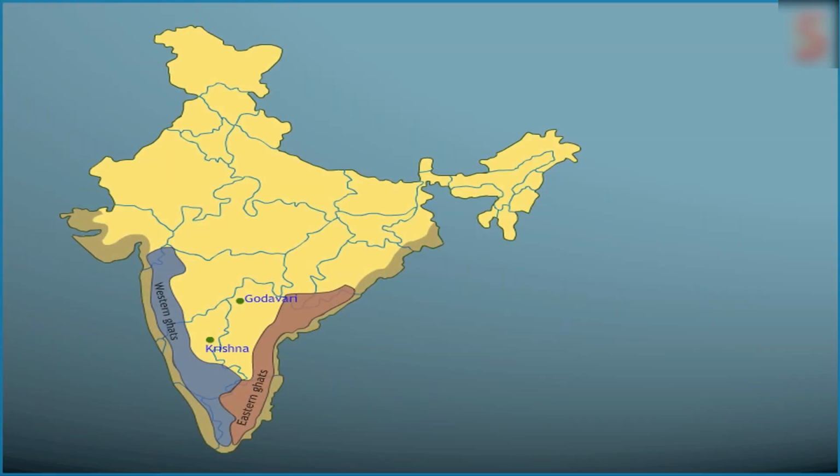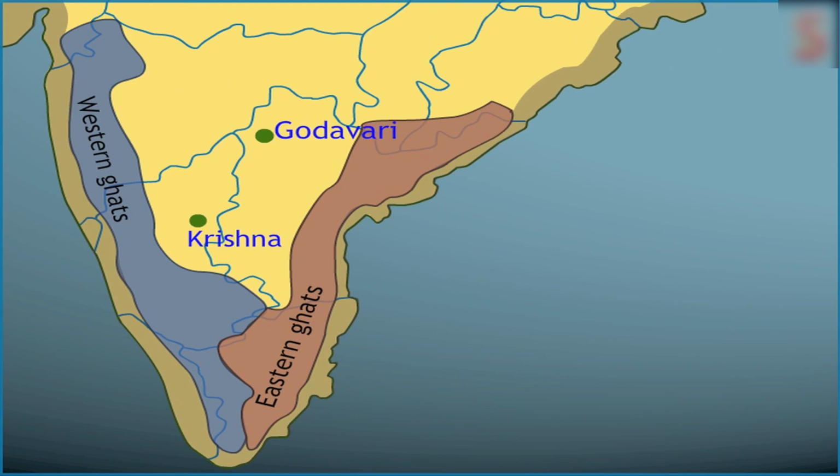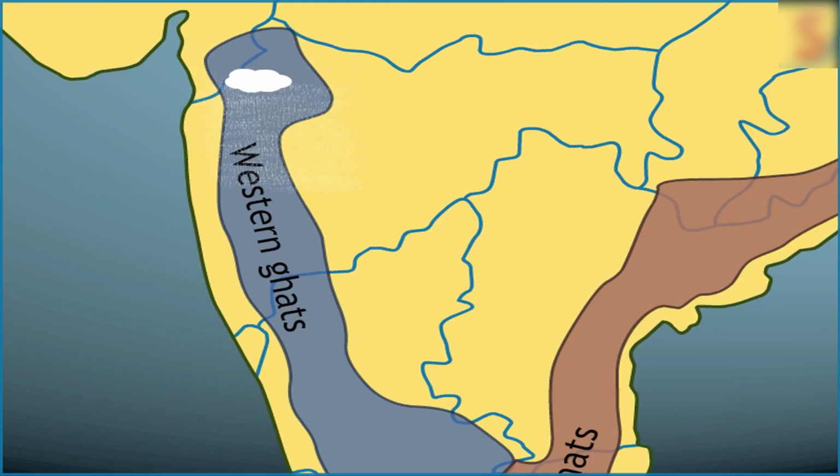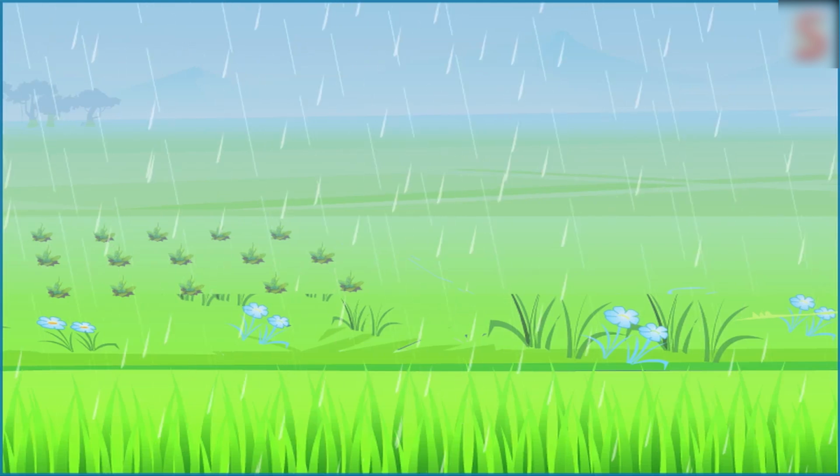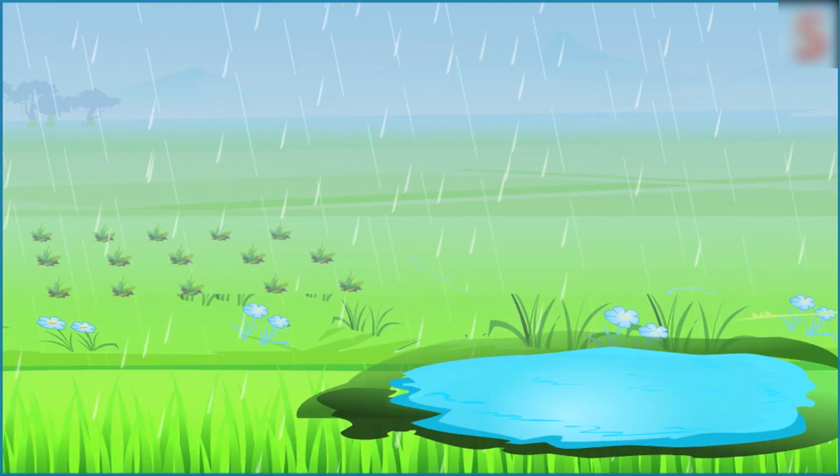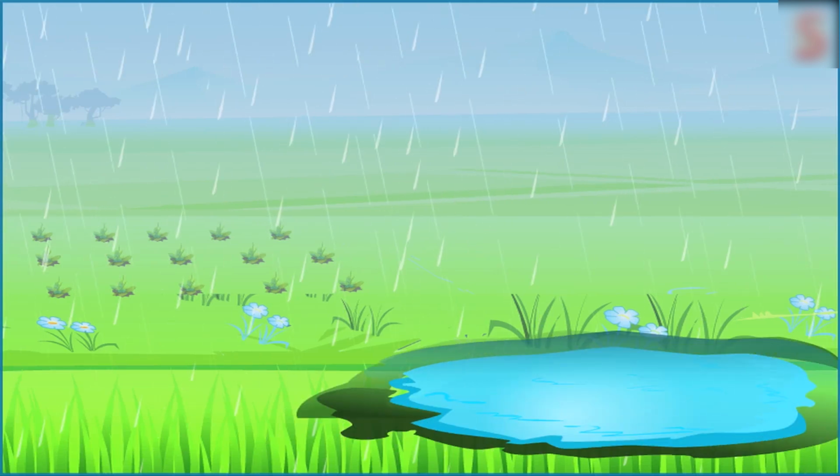There are also a large number of rivers that have water only during the rainy season. The rivers like Krishna and Godavari have their originating points in the Western Ghats. The Western Ghats receives heavy rainfall. The rainwater percolates into the ground and gradually flows into the rivers throughout the year.